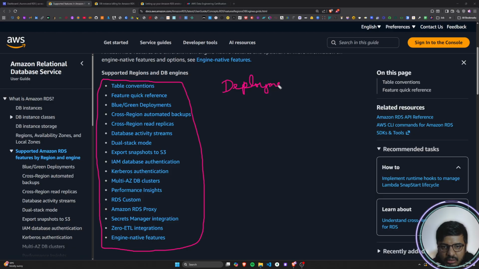So it will depend on deployment region. Secondly, it will depend on our database engine. And thirdly, it will also depend on the database engine version, right?